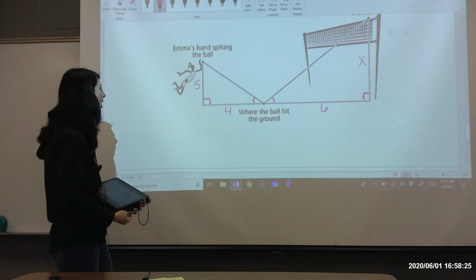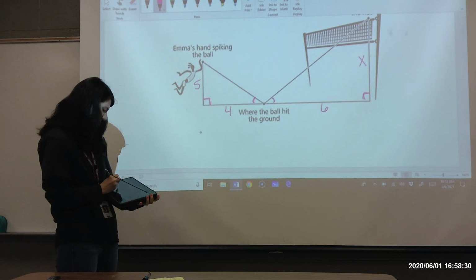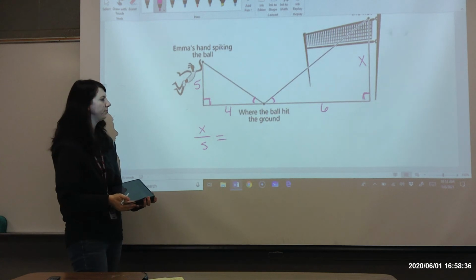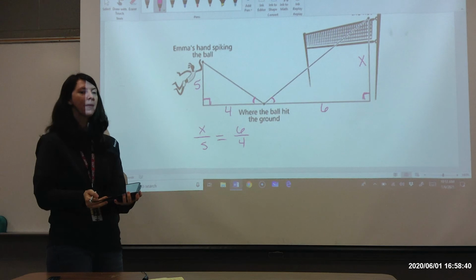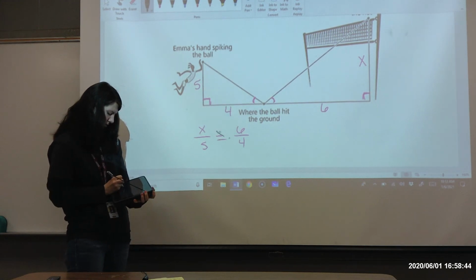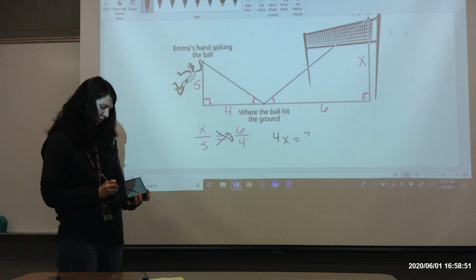Okay? So help me out here. If I do x is to 5, what would that be equal to? 6 over 4. Okay? Now I am just going to solve. And I would get 4x equals 6 times 5 is 30.